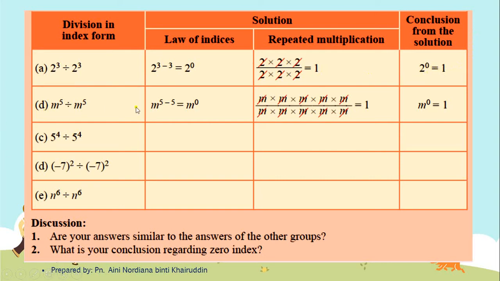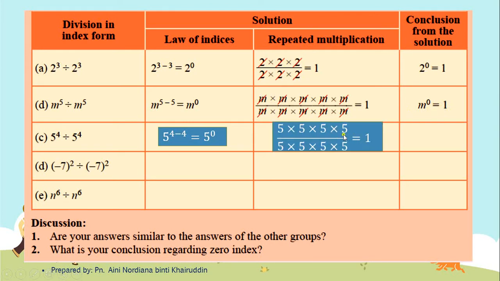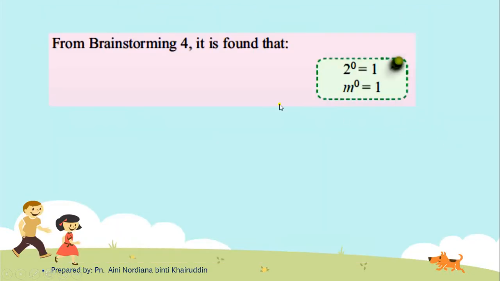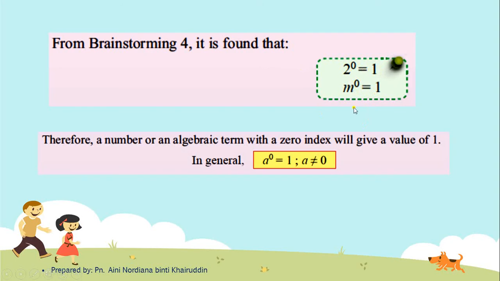So the conclusion for the solution: 2 to the power of 0 equals 1. For B, the same thing, so m to the power of 0 equals 1. For C, we cancel out all the same value, so this is the conclusion. Same goes to D and E. So from brainstorming 4, it is found that 2 to the power of 0 equals 1, m to the power of 0 equals 1.